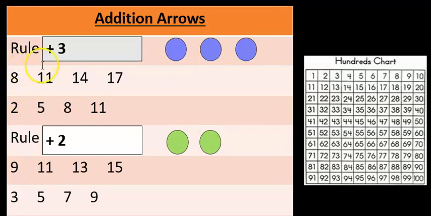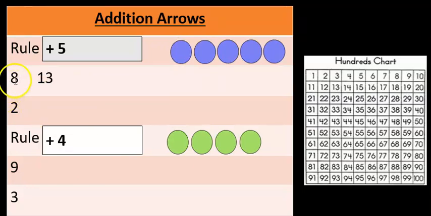We only did 1, 2, 3. We only did 3 answers here. And then we went to the next number. 1, 2, 3. So that's all I want you to do here. Just go 1, 2, 3. All together, you're going to have 4 answers here. Then you're going to go to your next number, 2. 1, 2, 3. And then you should have 4 answers here.